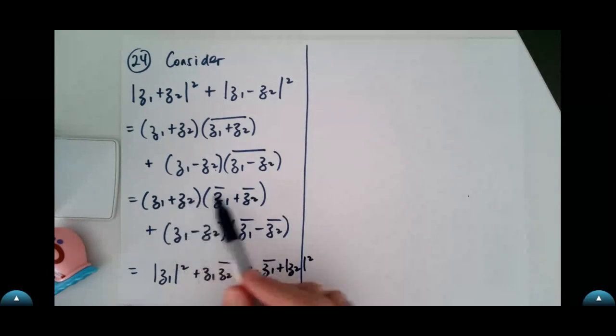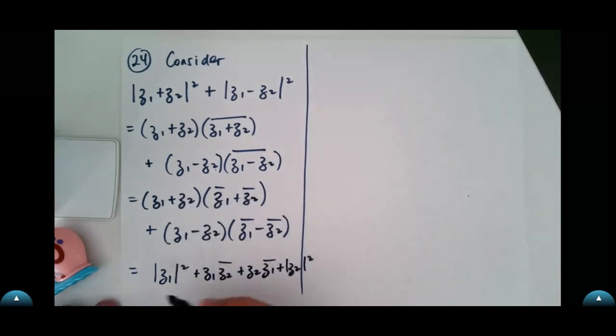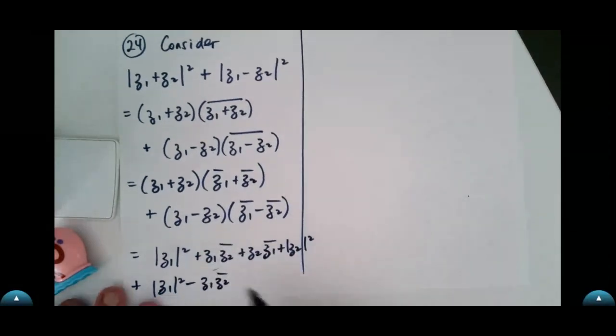So that one times that one, and then you're going to get some cancellation going on down here. So Z1 times Z1 bar, Z1 squared minus Z1 times Z2 bar. So you can see that's going to cancel. Okay, same here.